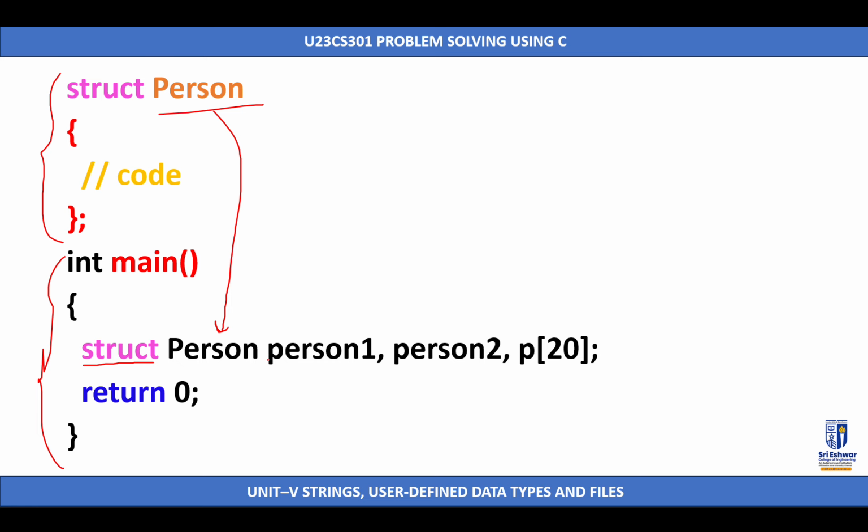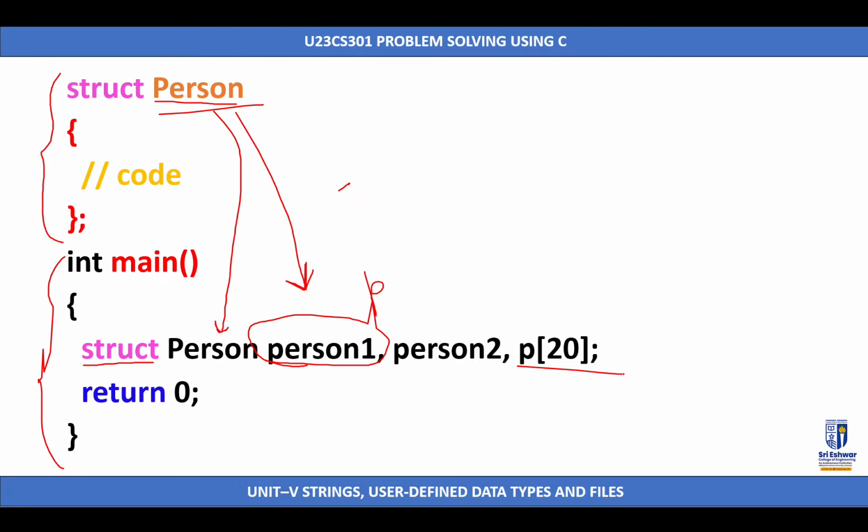This is nothing but the object, we can call it an object or instance, any name. Whatever structure name you are giving, you write exactly here. Then after this is the object or instance. You can give p here also. Like this, you can represent your structure variable.